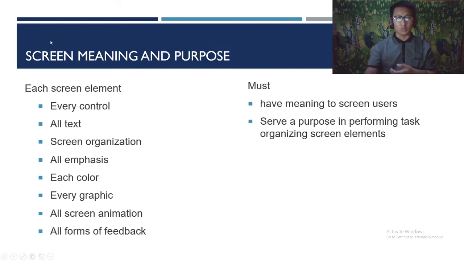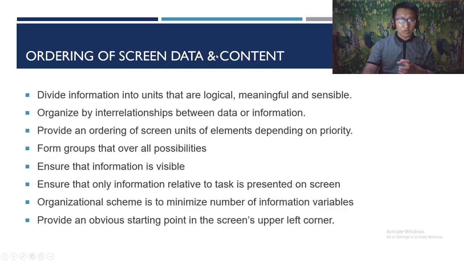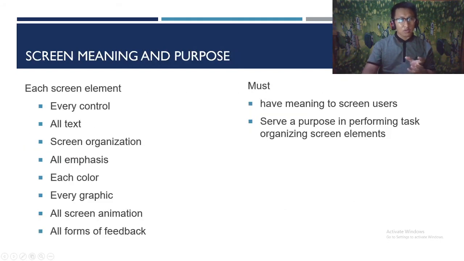As you can see, here I have a blue color and I used white text. This is a good example of emphasis in the background and in the text. When you make the text blue, what will happen? The user cannot see the text clearly.